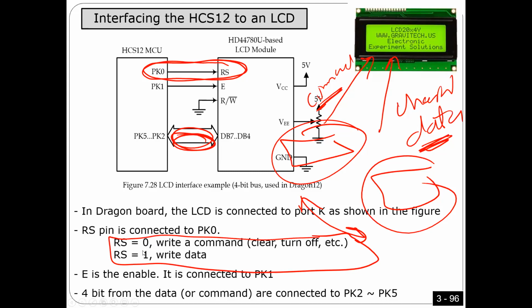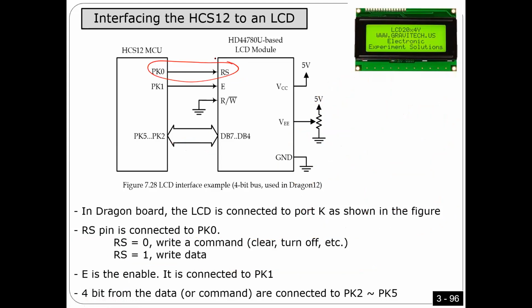If you put 1, you are telling it this is data, the ASCII of a character, and you have to display it. Is that clear, guys? Any question? Now we understand why we need this pin, because it can be 0 or 1. If it is 0, you are telling the LCD that what I'm going to send is a command. If you put 1, you are telling the LCD that what I'm going to send is data, and so on. Okay, guys. Any question?